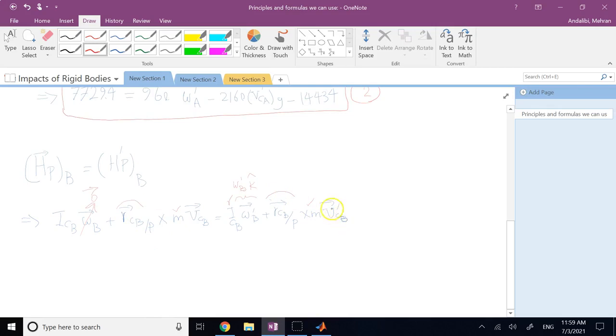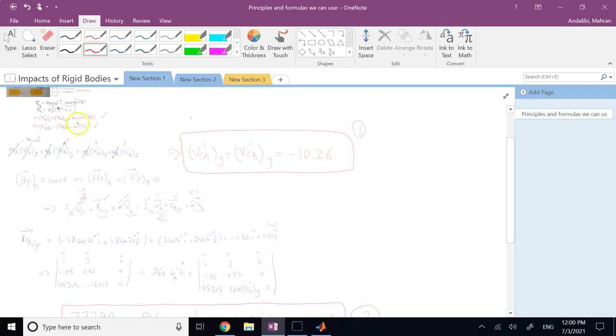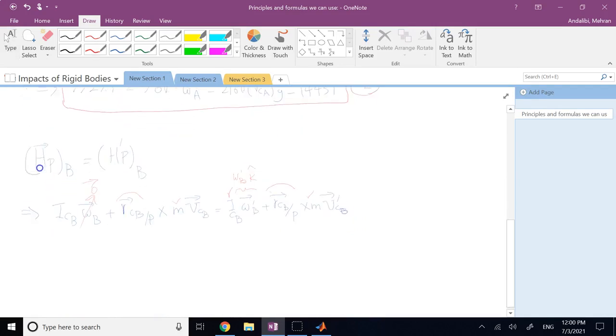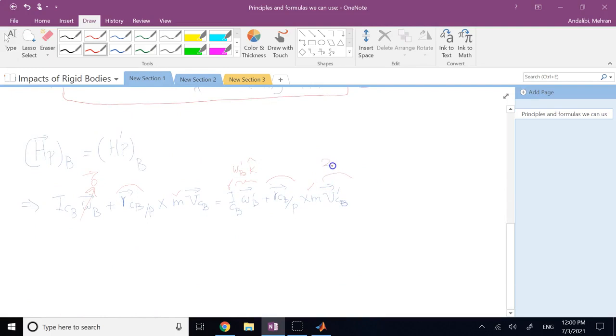This V CB prime has X and Y components. The X component is 20, just like it was, as you can see. The Y component, I don't know. So this is like 20I, and then plus whatever the Y component of it is in the J direction. Okay, so the two unknowns are omega prime B and V prime CB of Y. Everything else should be completely known. This V of CB also was 20I. So everything is rather clear here.